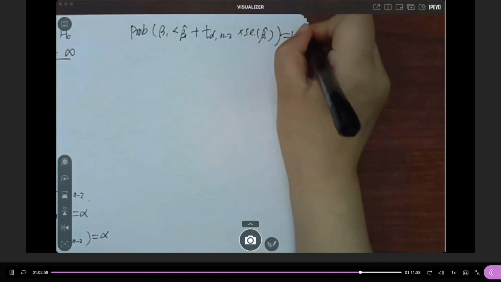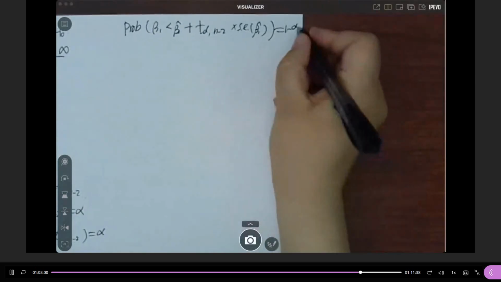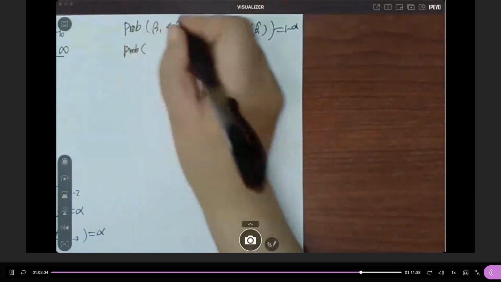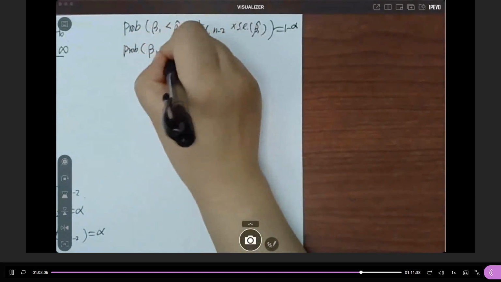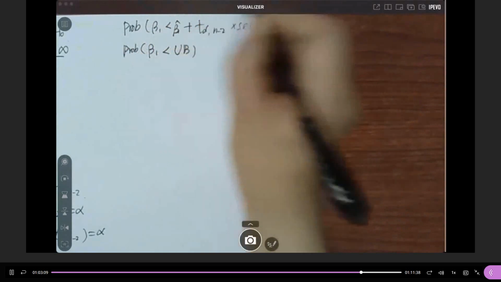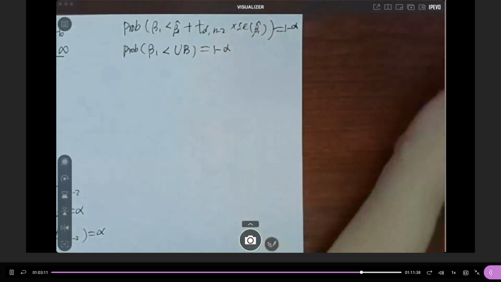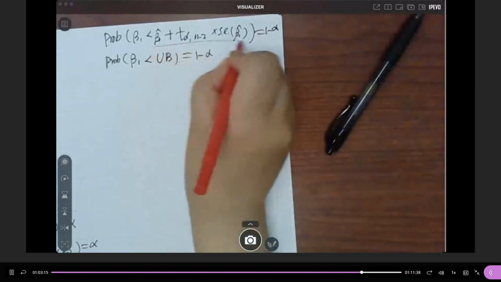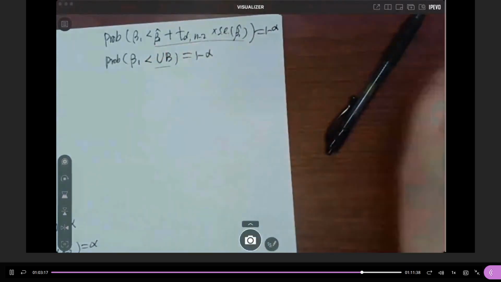This probability equals 1 minus alpha. In other words, the probability for beta 1 to be less than an upper bound equals 1 minus alpha. So what is the upper bound? The upper bound is this.